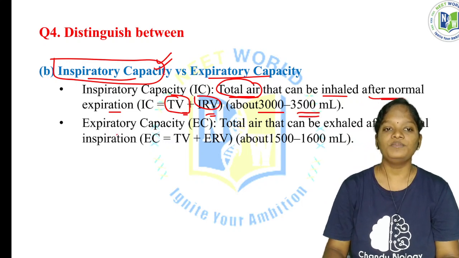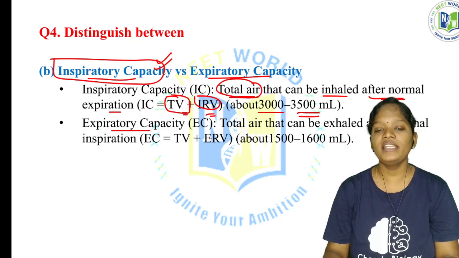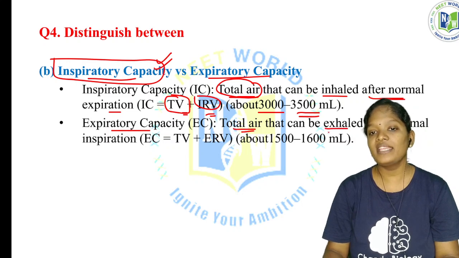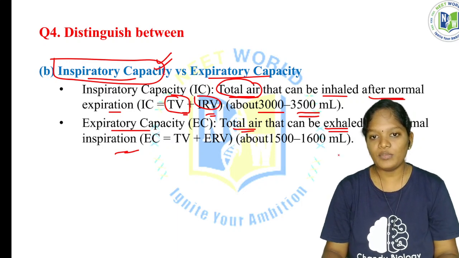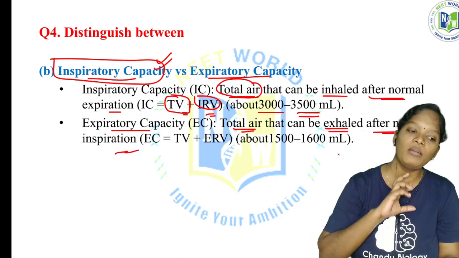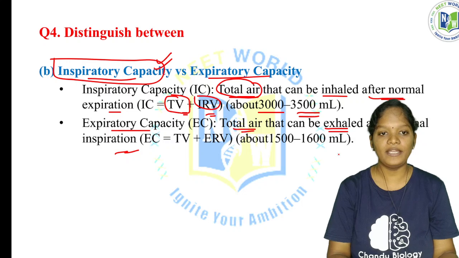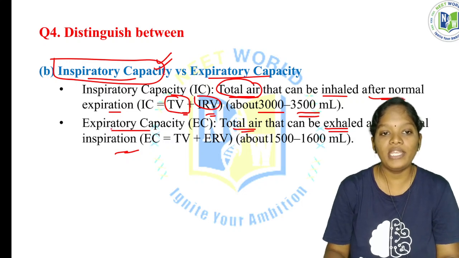Now the expiratory capacity is the total air that can be exhaled after normal inspiration. After normal inspiration, what is the total amount of air that can be exhaled? That is called the expiratory capacity.